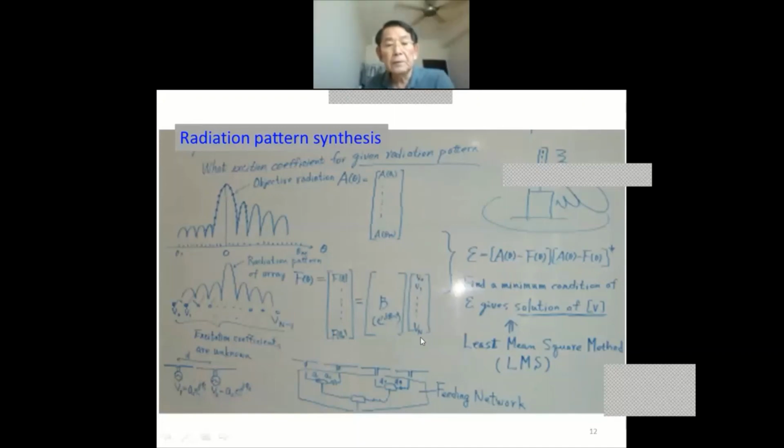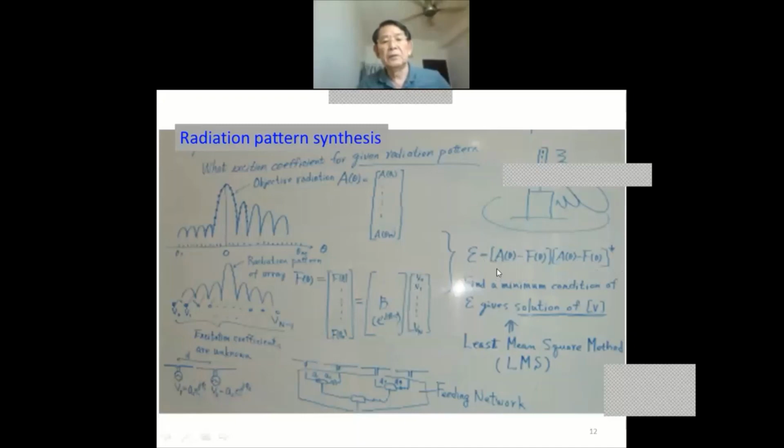So to determine the excitation coefficient to achieve this one, the difference of A and F is the error function.